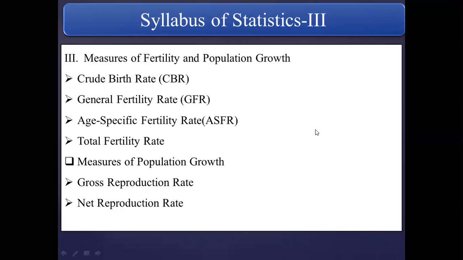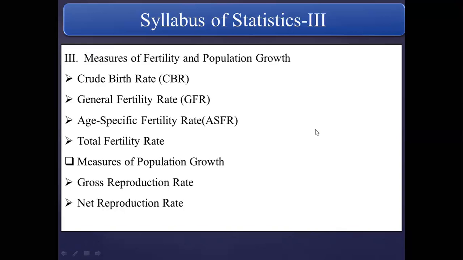Then we'll find the general fertility rate. Why is the fertility rate required? Because, as we know very well, only women can produce a child. Men cannot produce a child. So hence we again find the birth rate per thousand females instead of per thousand population.